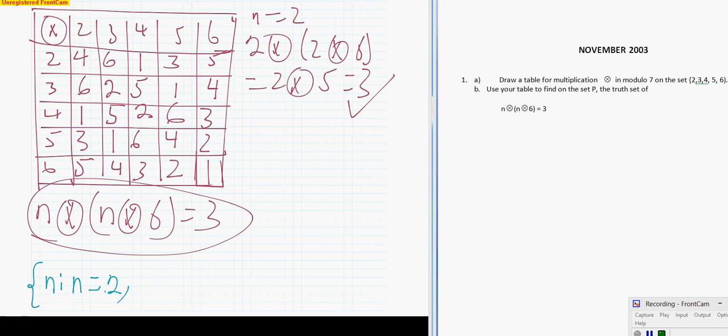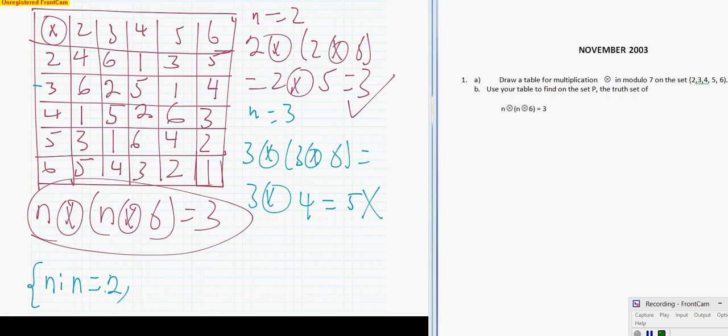So I come back here and I'll say, well, let's start with n is equal to 3. So that will be 3 ⊗ (3 ⊕ 6), and 3 ⊕ 6 is 4. So 3 ⊗ 4 is equal to 5. Of course 5 is not equal to 3, so 3 is not part of it.